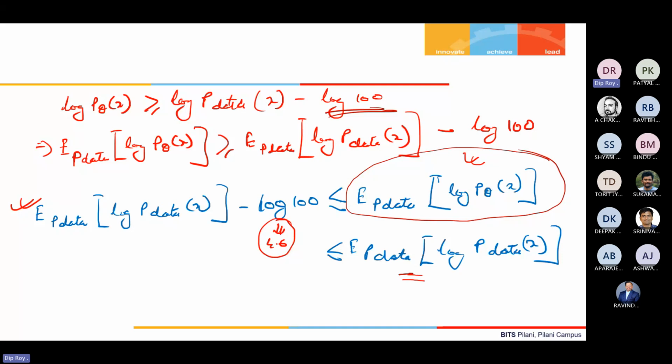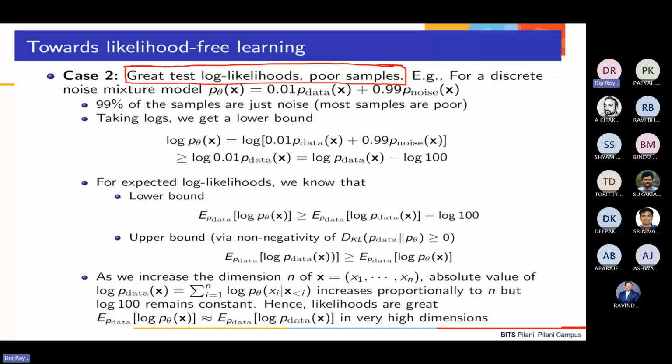Now that means that we have a very narrow margin here. That is one of the reasons why great test log likelihood does not always translate to good samples. It does not mean that great test log likelihood will not give you good samples.